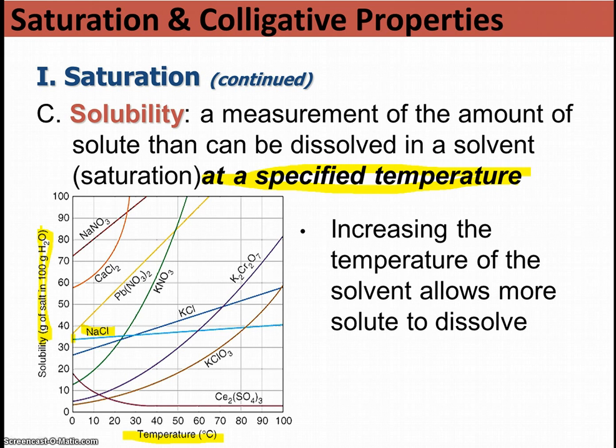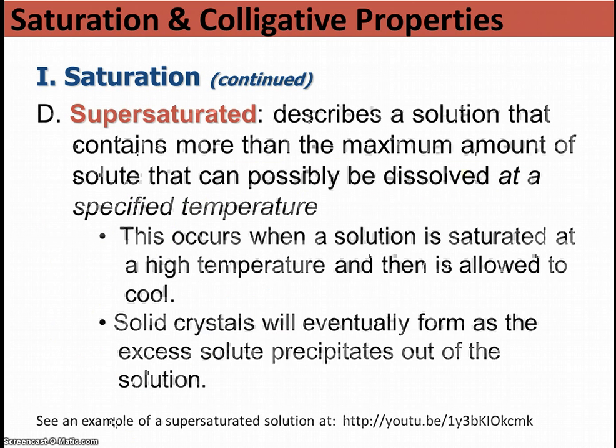However, at 100 degrees, if you have warmed that 100 grams of water up to 100 degrees Celsius, you can now dissolve about 40 grams of salt. So in general, increasing the temperature of a solvent will allow more of the solute to dissolve. So that is why it is very important to specify the temperature.